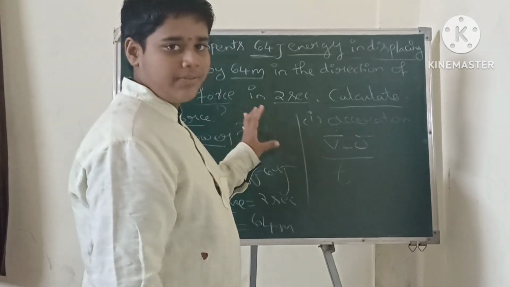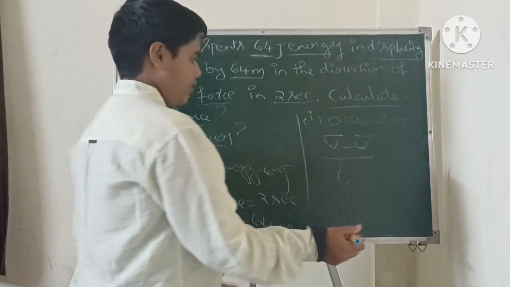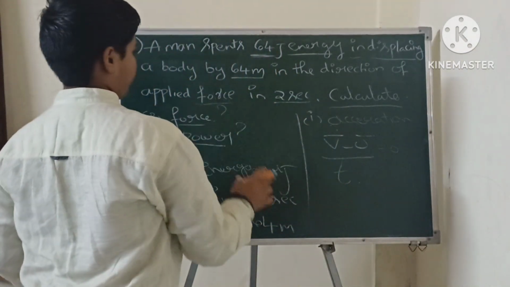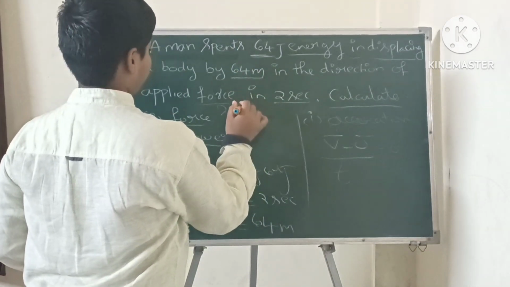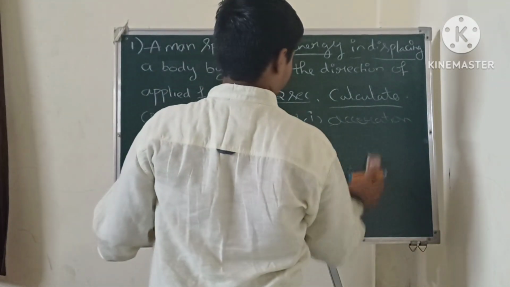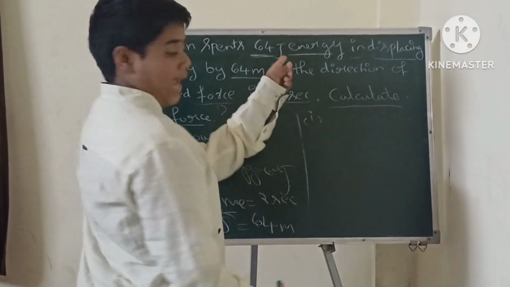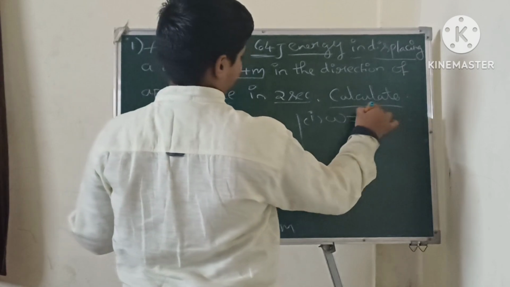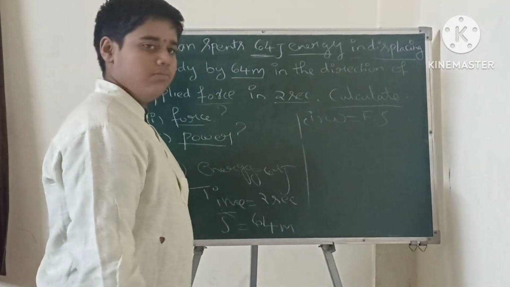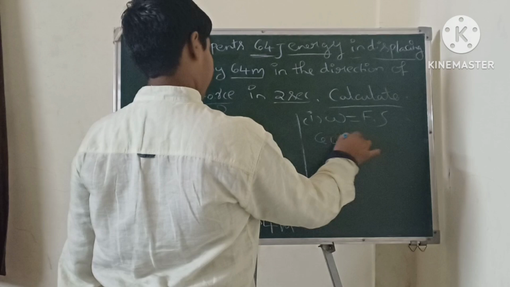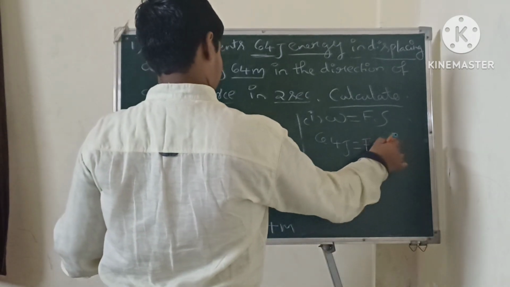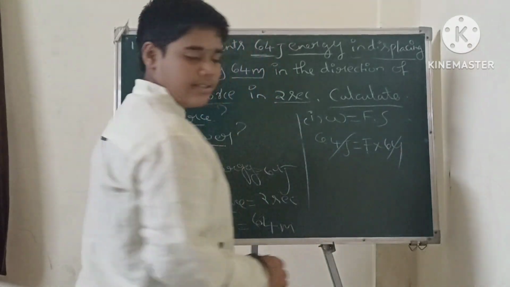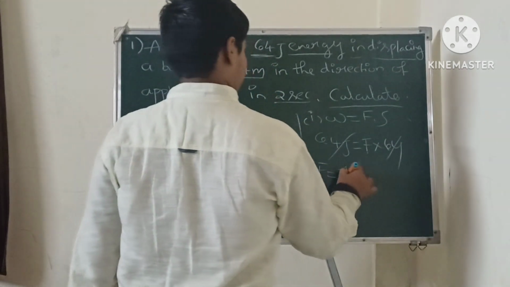If they did not mention it, we have to take u as 0. Very simple. Energy is 64 joules. So the work formula is work equals force into displacement. And here work 64 joules equals force into 64 meters. So 64 gets cancelled and force is 1 Newton.